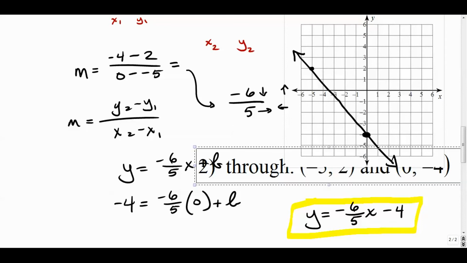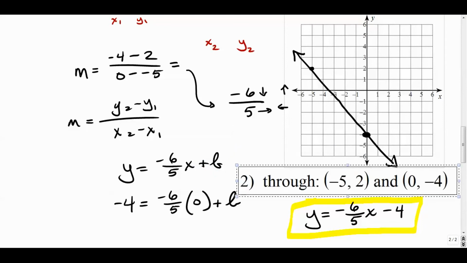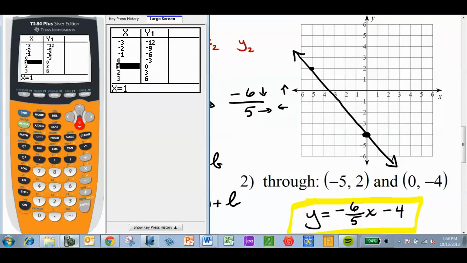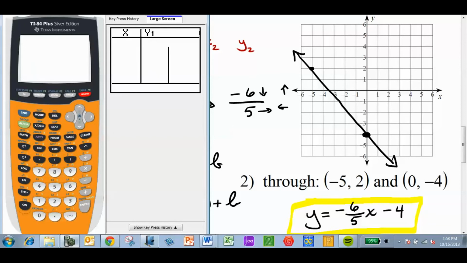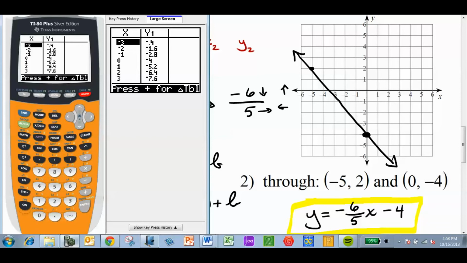Let me slide these down here, and what I want to do is just simply see if I put negative 6 over 5x minus 4 into y sub 1 and go to my table, will I see that negative 5 comma 2 and 0 comma negative 4 appear? Well, I can already see 0 negative 4, it's right there. That's a good sign. Let's go up a little bit and we'll see if negative 5 comma 2 exists. It does. So I know that I'm good to go.